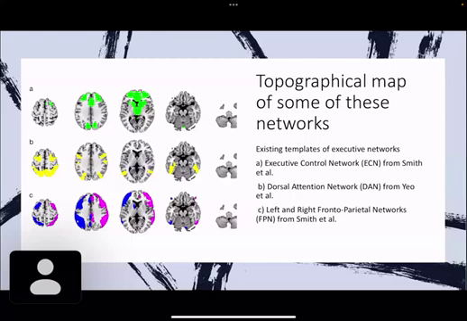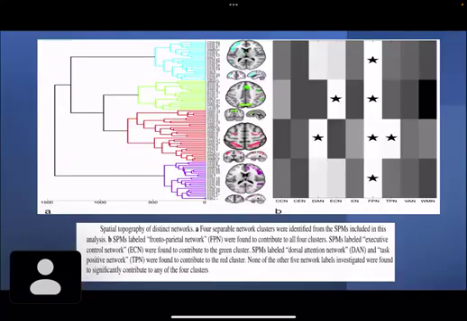So we should go into the various spatial topography of distinct networks, and ultimately we have to do a network analysis, and that gave us 4 separable network clusters, and the separable network clusters are frontoparietal network, executive control network, dorsal attentional network, and task positive network.